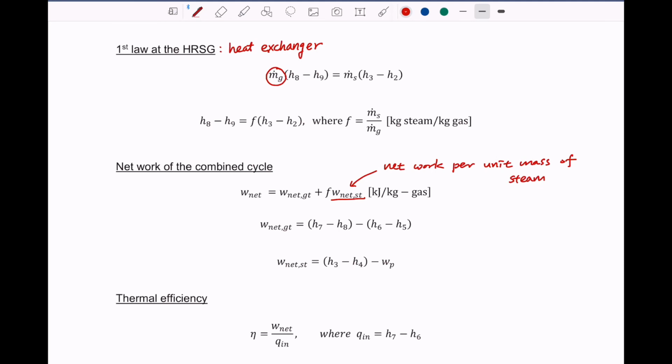And in order to calculate the net work for the gas turbine, we have to calculate the gas turbine work minus compressor work. And the net work from the steam turbine is steam turbine work minus pump work.